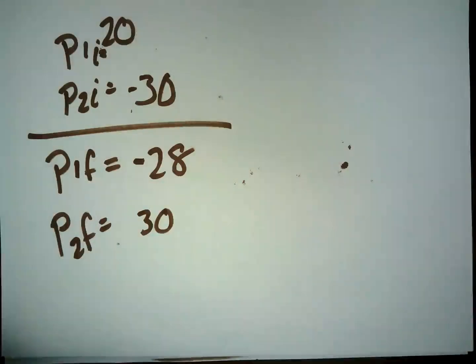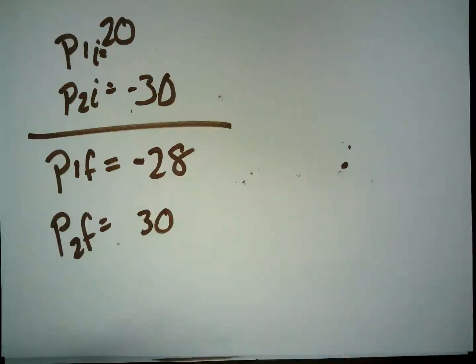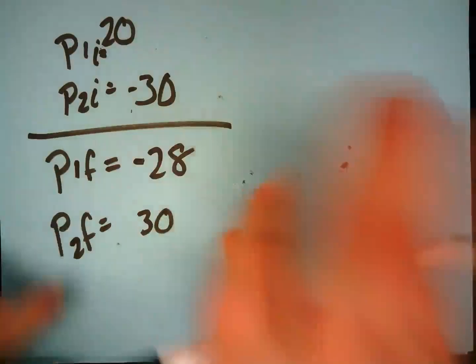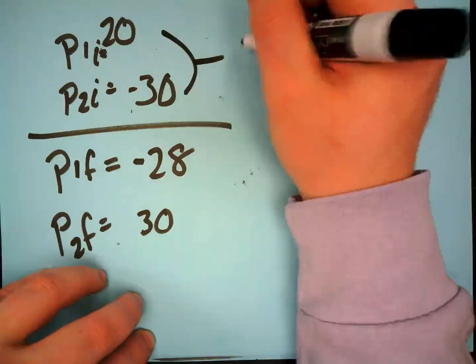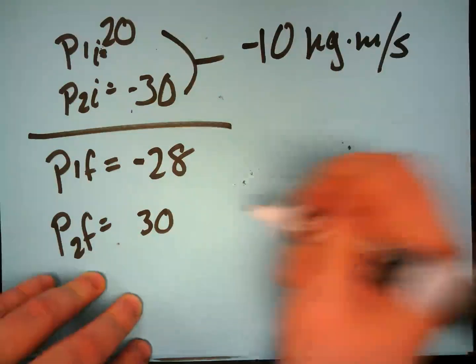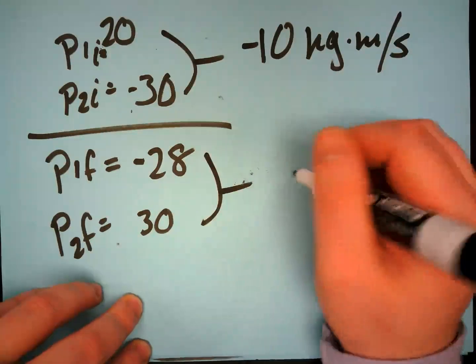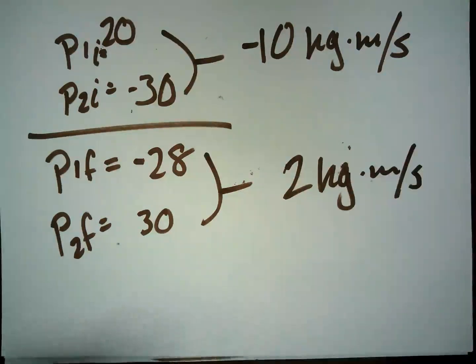Because clearly, this has to line up. It's not to say that this has to equal this, it's to say that the sum, so this would be negative 10 kilograms meters per second, and this would be positive 2 kilograms meters per second.